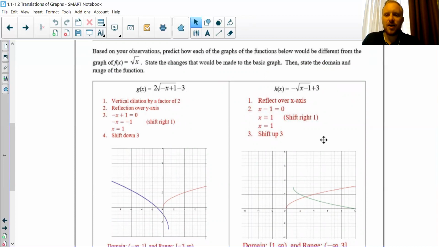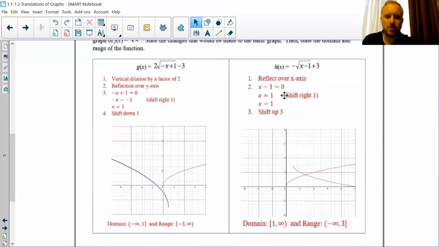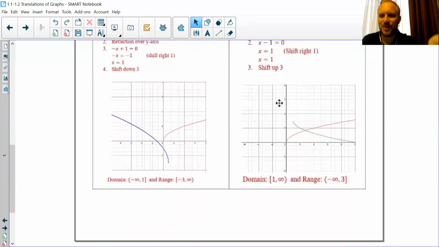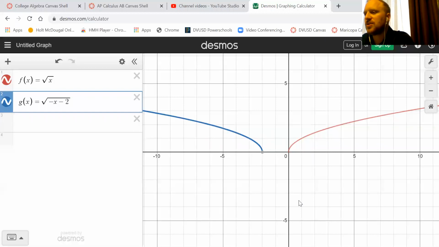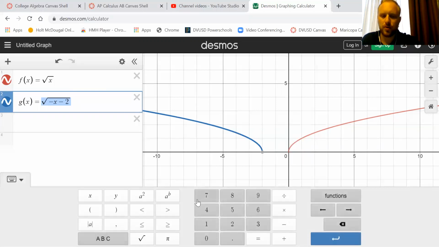Okay, so it's a good idea to play with this in Desmos. I apologize for you not seeing that earlier, but I'll show it to you right now. I'll share my screen and we'll go back to the calculator so you can see some of the stuff that's happening. So for instance, let's say I have a square root, like in h of x.